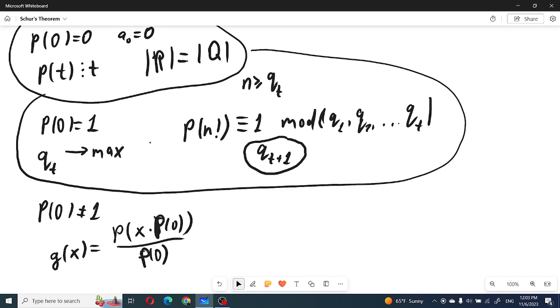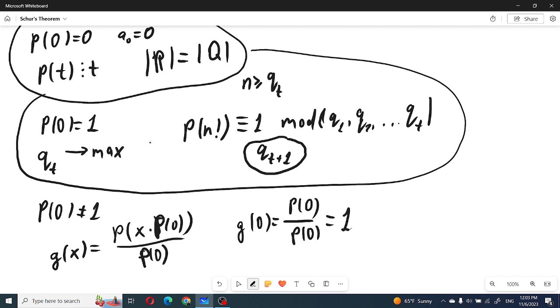What can we say about g of 0? G of 0 is clearly 1, because this is p of 0 over p of 0, and this number is clearly 1.